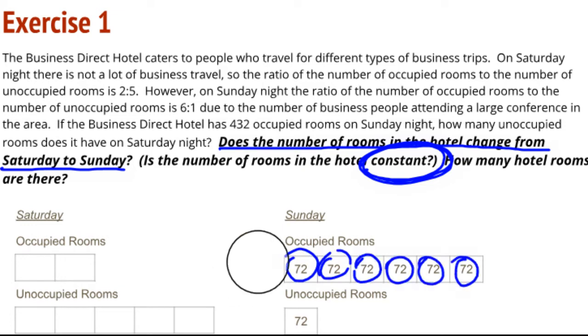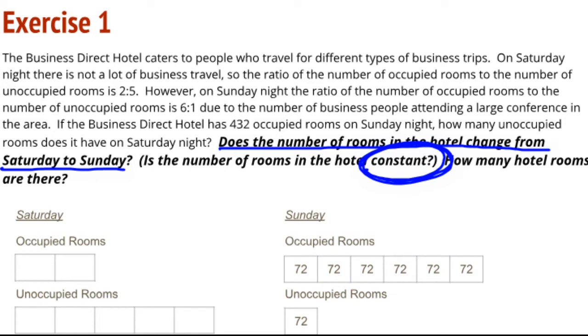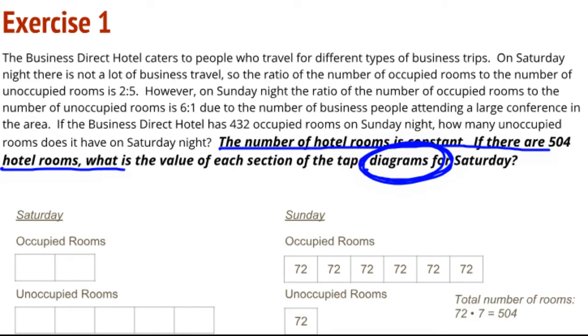So if this 72 is a constant, if there's 432 rooms in the hotel on Saturday night and on Sunday night, what is the value of each of the units for Saturday? The number of hotel rooms is constant, doesn't change.